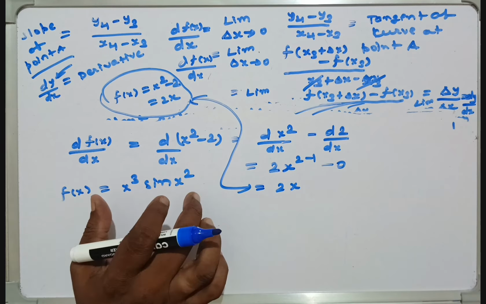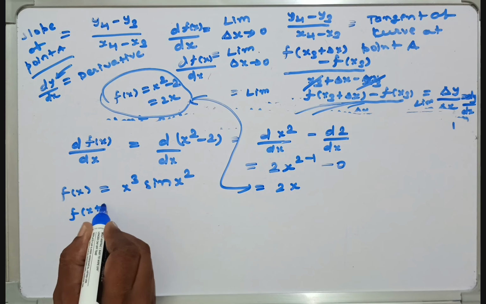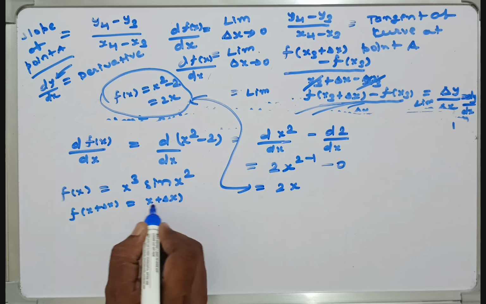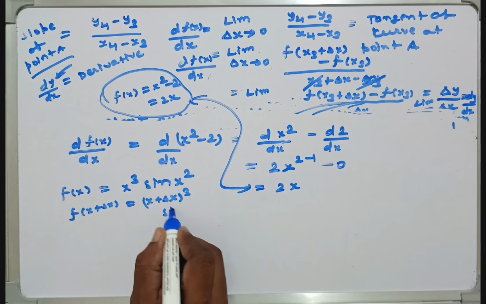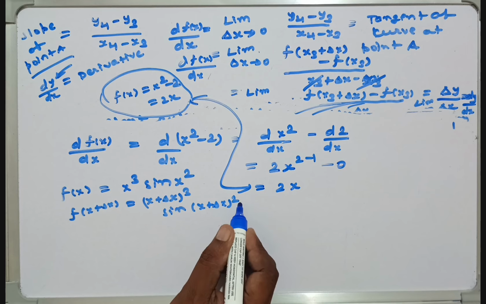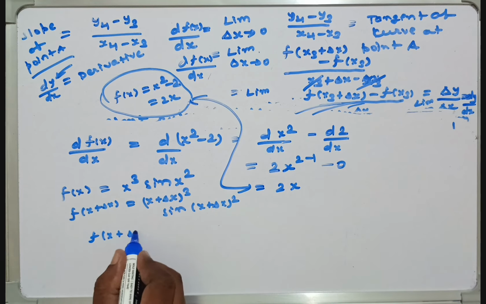Whenever you go for the conventional method, x plus delta x, see how complicated this is.